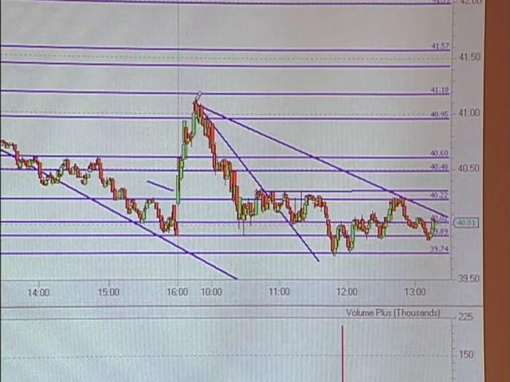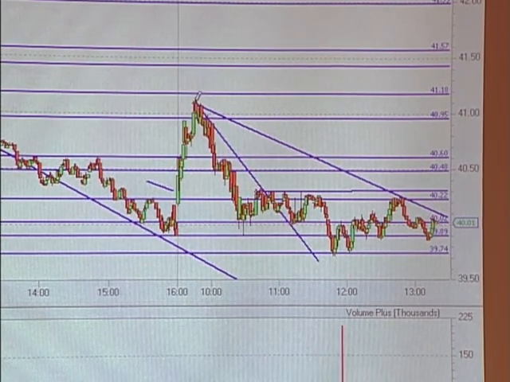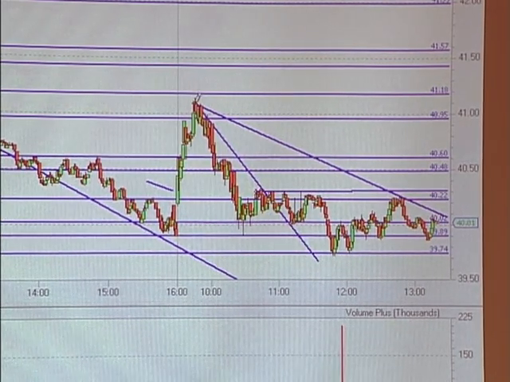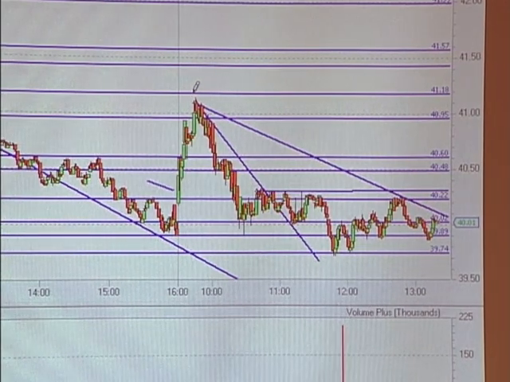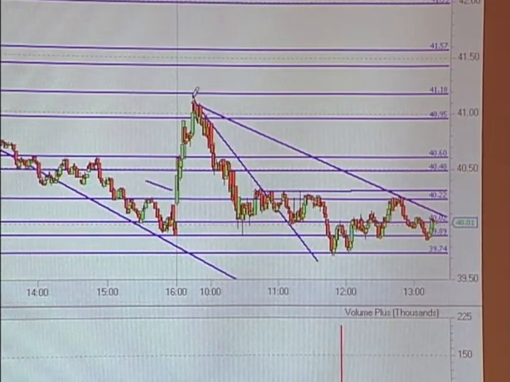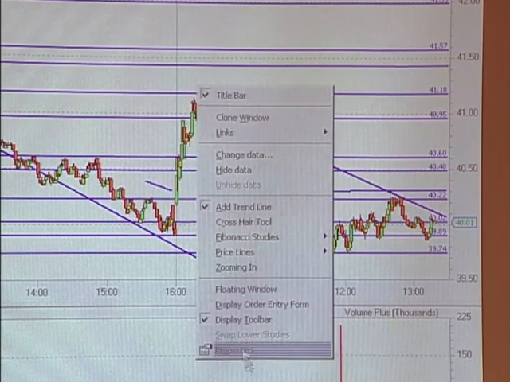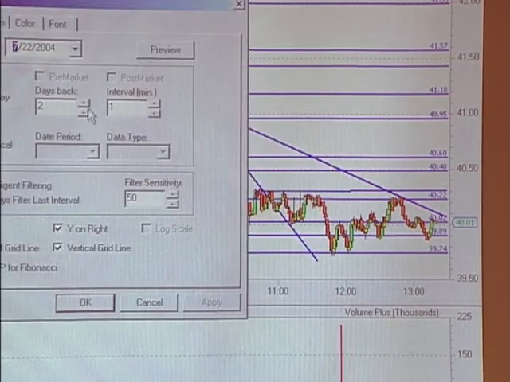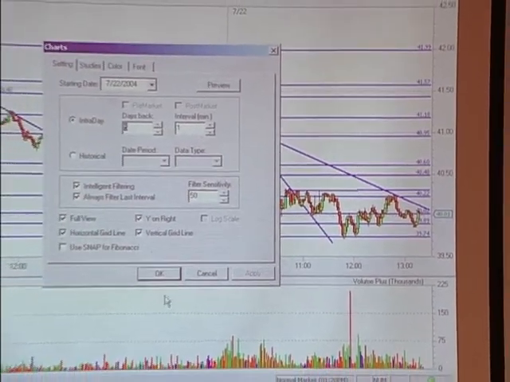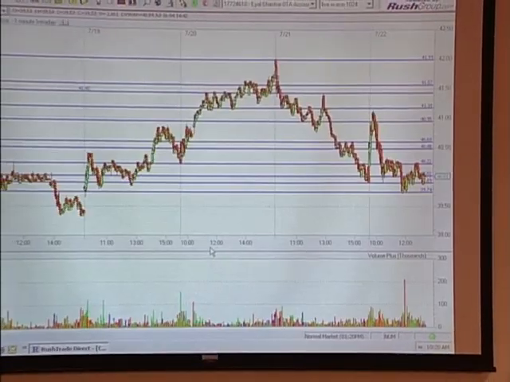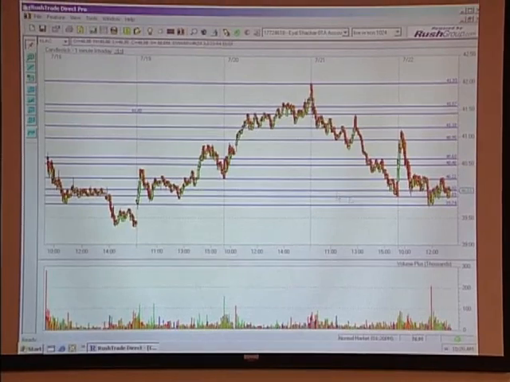Now, guys, we started this with only a couple of support lines below us, and we had a lot of resistance above us. Could we go back in time and find additional lines that would be support lines? The answer, of course, is yes. If it's relevant to our stock, we can go back. Let's do that for just a second. Let's just go back 5 days and see what we can find. So here are all our lines.